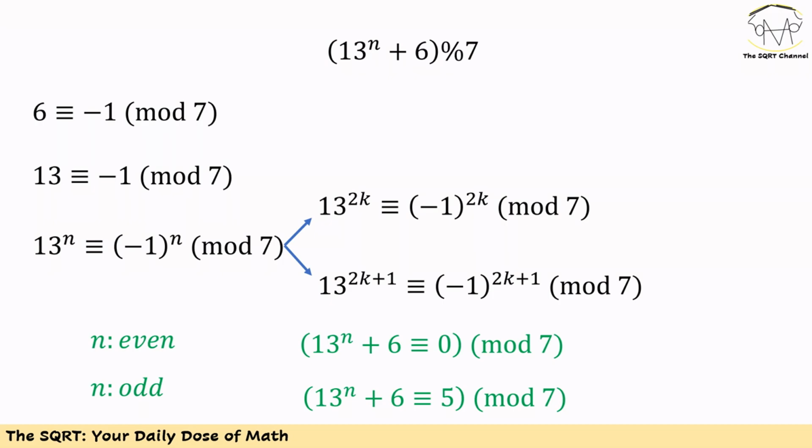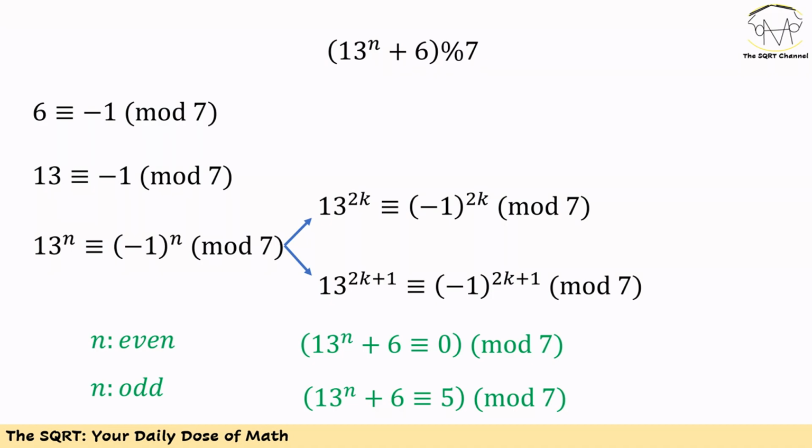However, we can put some conditions here. If n is even, minus 1 to the power of n is going to be 1. If n is odd, minus 1 to the power of n is going to be minus 1. So we have two cases.